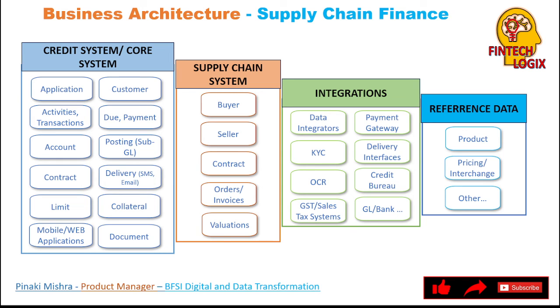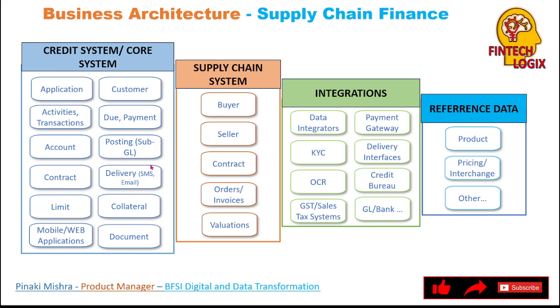So for that we would need integration with GL and banking systems. In short, we would need reference data. So what are the major reference data? The different types of loan products, your pricing or interchange rates, and there can be so many other types of reference data that we need to maintain for smooth running of the supply chain finance system.